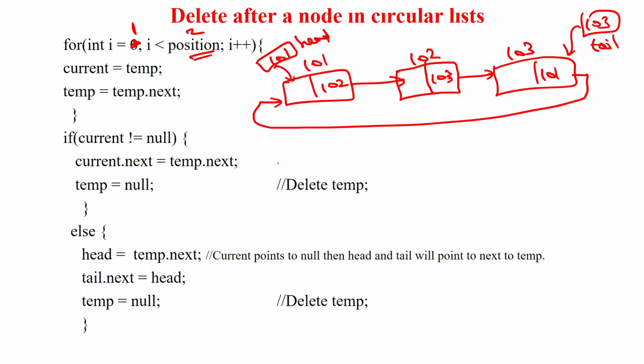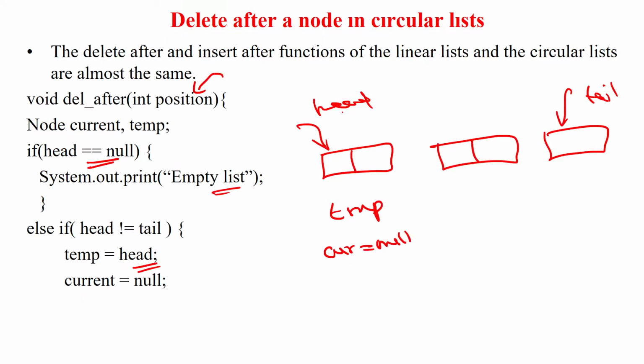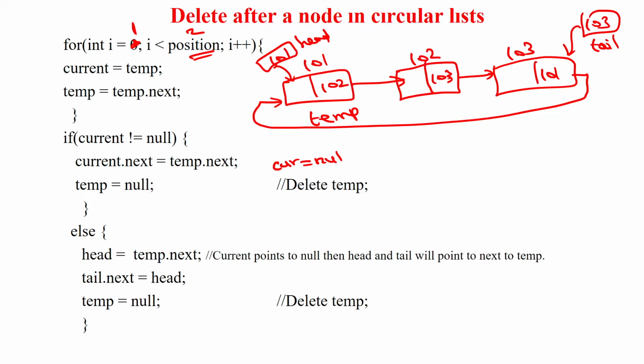Now I want to find the position of the node to be deleted. As of now, current equals null and temporary is the head, as we have seen in the previous slide. I want to move to position number 2. Iteration number 1: 1 is less than 2, so temporary is assigned to current.